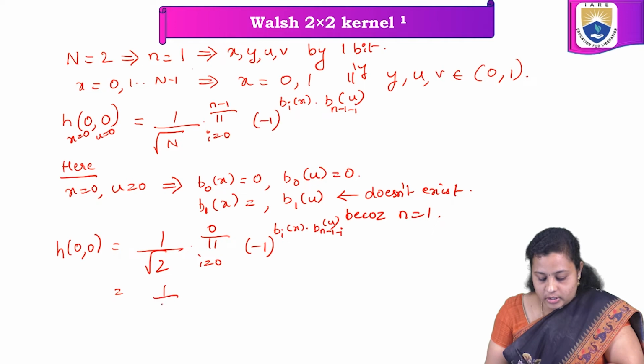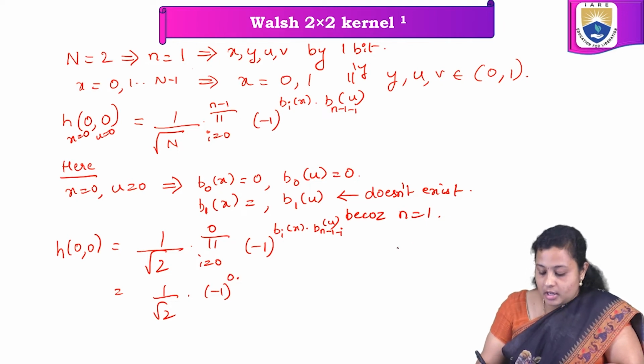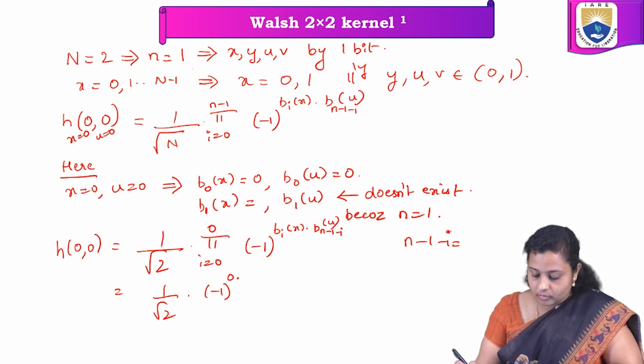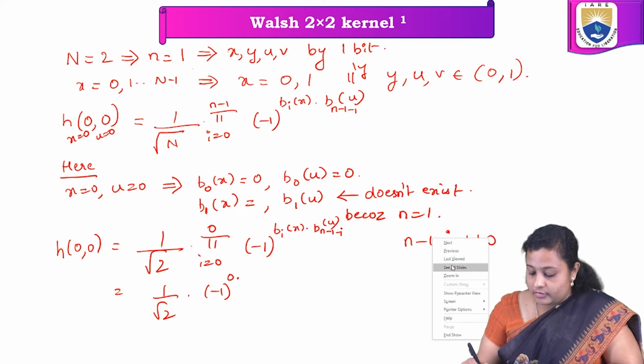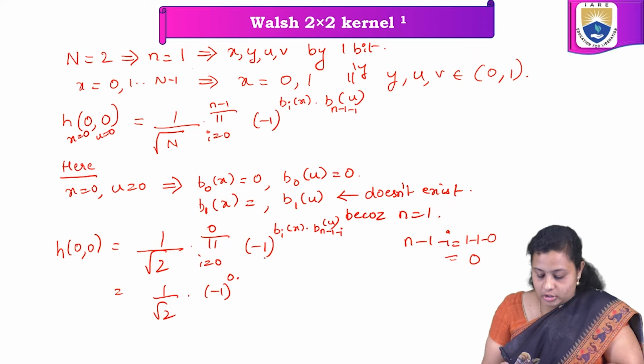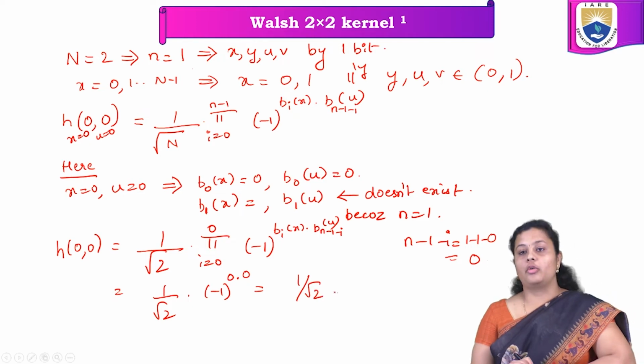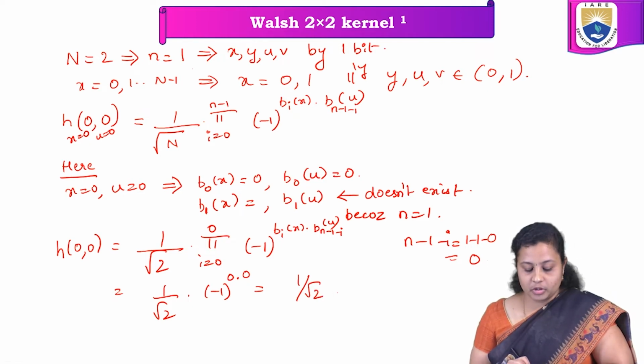So we get the value as 1 by square root of 2 into minus 1 power b0 of x, which is 0, and b_(n minus 1 minus i) of u. So b0 of u is also equal to 0. So the value is 1 by square root of 2, right?